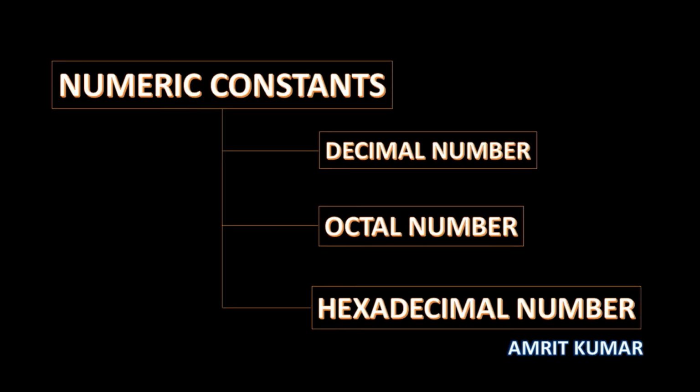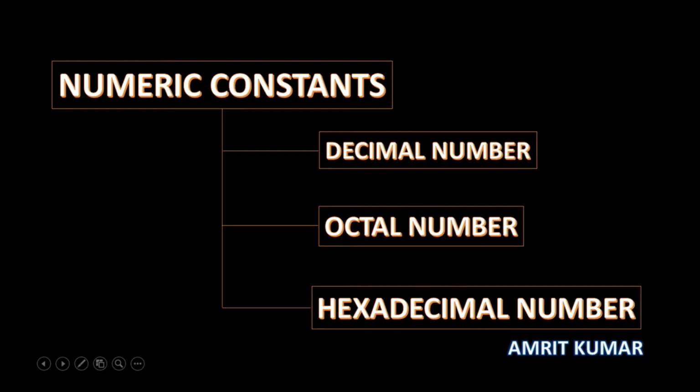Numeric constant is further divided into three categories: decimal number, octal number and hexadecimal number. We will learn about decimal number, octal number and hexadecimal number in this video.